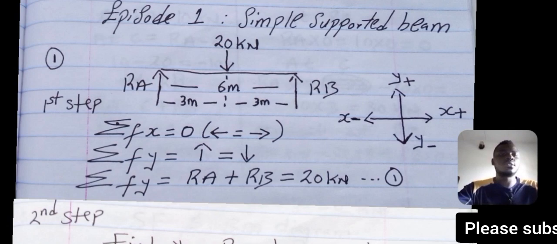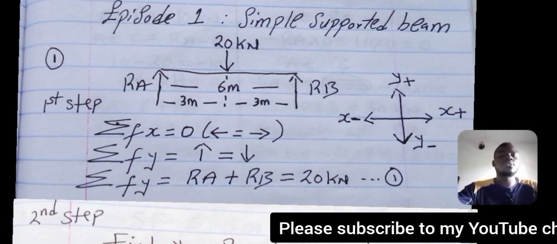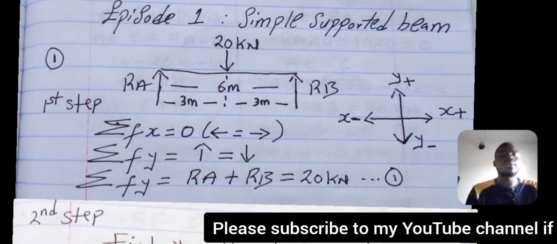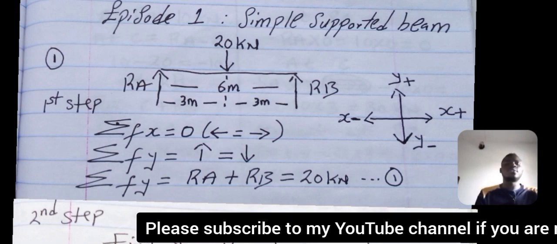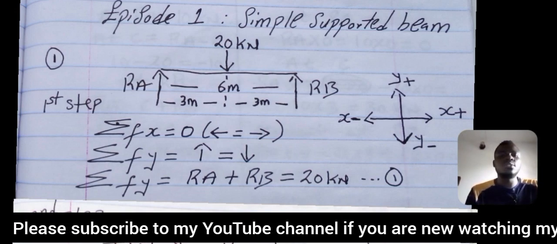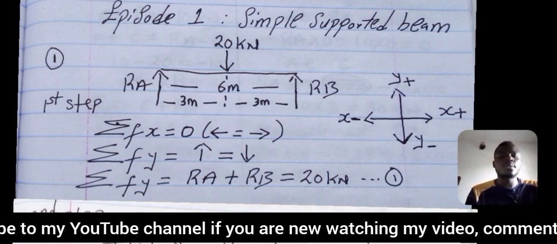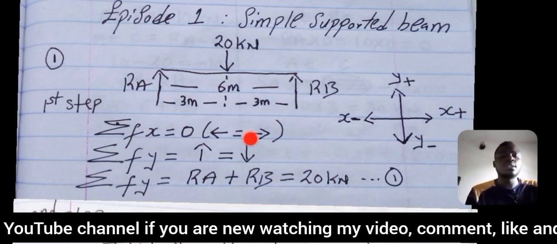Now, before we can go further to understand what shear force is all about, first of all we need to look for our reactions. And to find your reactions, we need to use the law of statics. Using the law of statics, the sum of force in x is equal to 0.